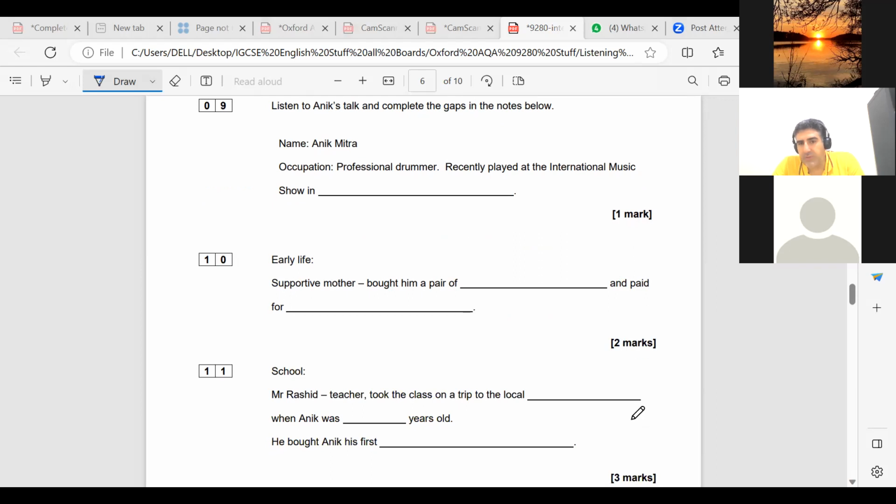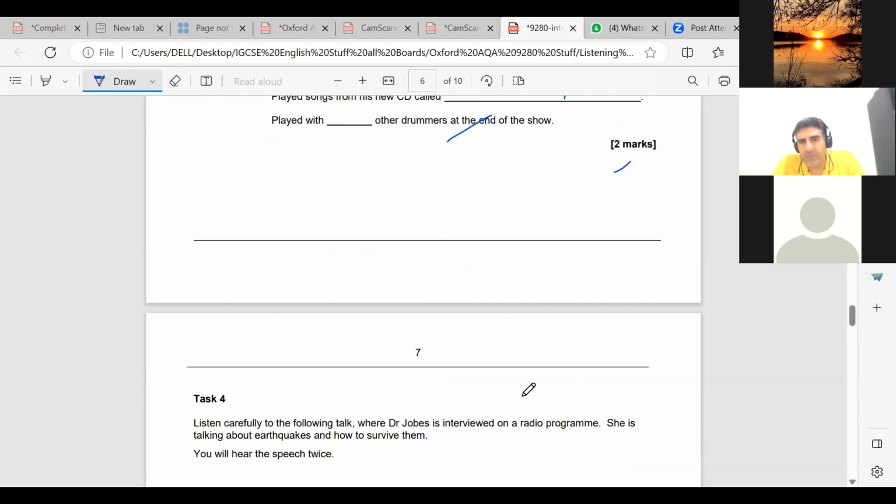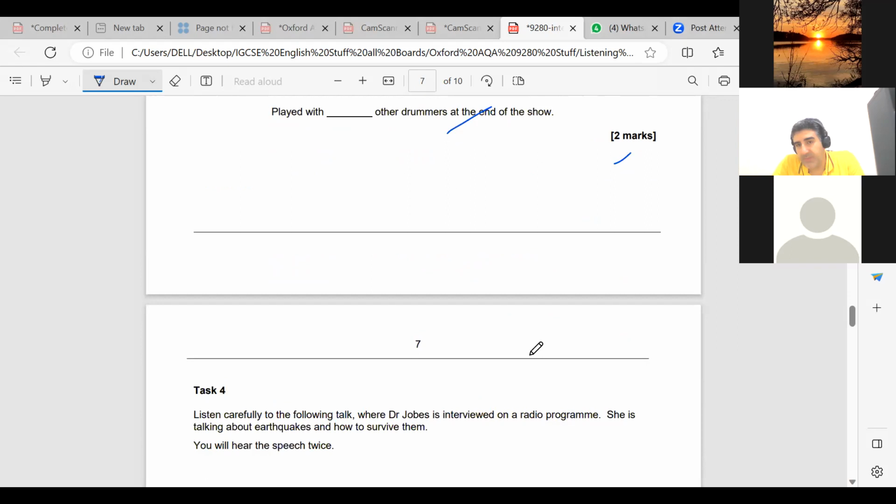This one, 3 marks, because you have 3 gaps, which means you should write 3 different words, 1 word in each gap. And here 2 gaps means 2 marks. And this is the end of part 3, the monologue.